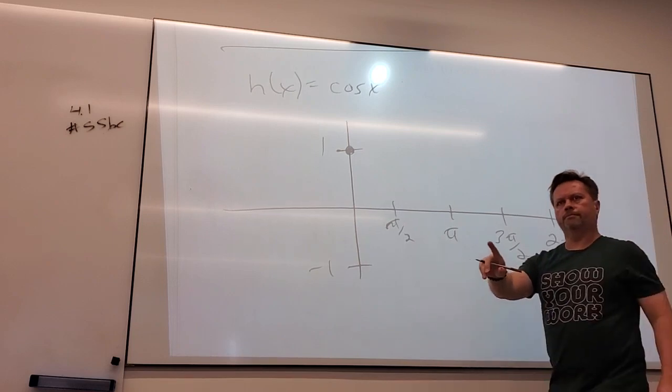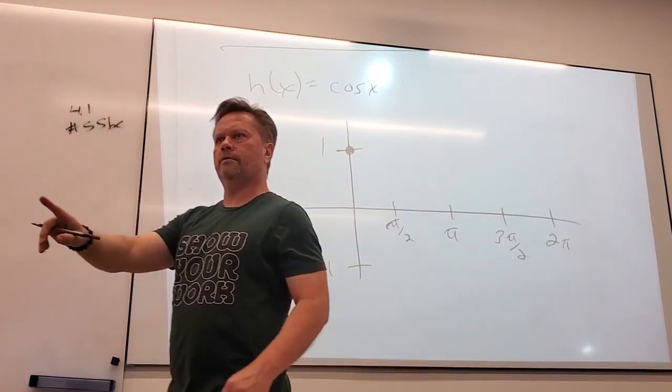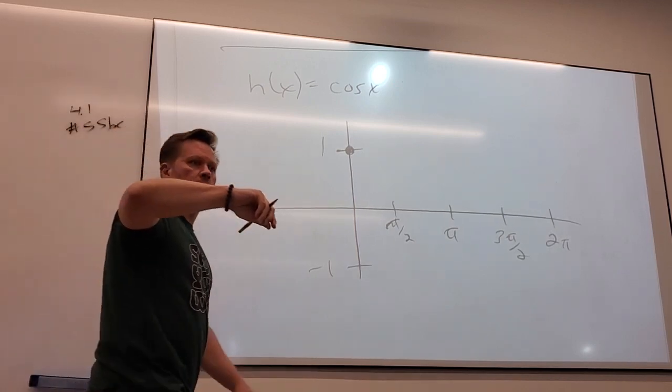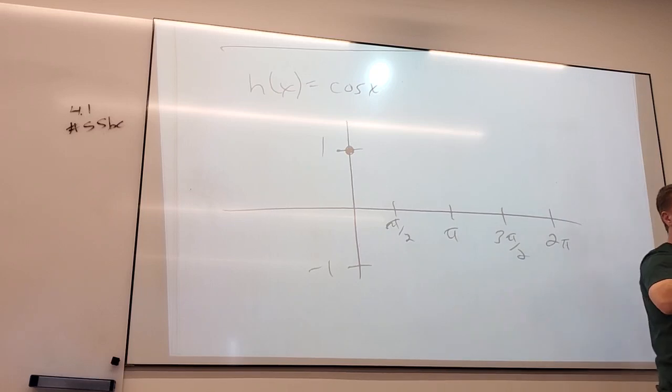Now, pi over 2 is also known as the what axis? The y-axis. So if I go to pi over 2, I'm on the y-axis. Does cosine like it there? No, okay, good. So we have all these ways to memorize this stuff. Some of us are probably beyond that. You don't have to think about that. Cosine of pi over 2 then would be 0 because it doesn't like it there.